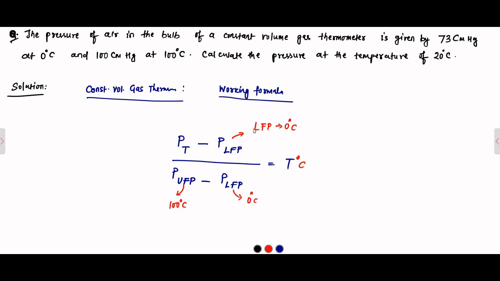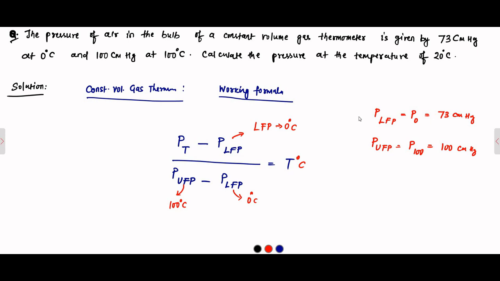If you compare this with the data given in the question, for the constant volume gas thermometer, the pressure at the lower fixed point, that is 0 degrees Celsius, is equal to 73 centimeter of mercury, and the pressure at the upper fixed point, P100, is equal to 100 centimeter mercury.